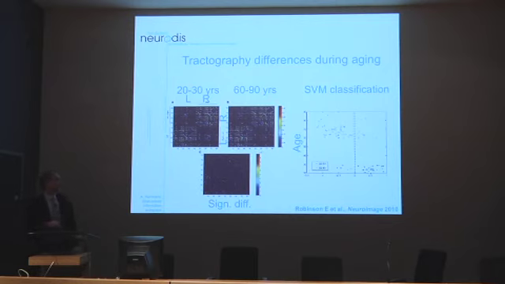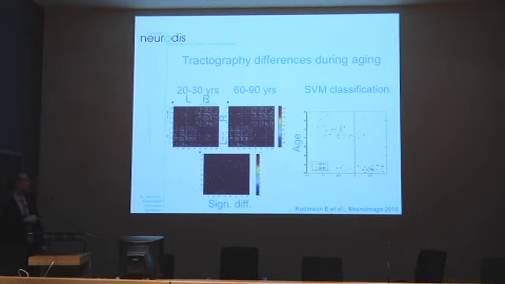We've also used this technique at Imperial for looking at connectivity differences during aging. These are matrices where the left and the right hemisphere are plotted. You can see that the intrahemispheric connections are more frequent than between hemispheric connections as measured with DTI.